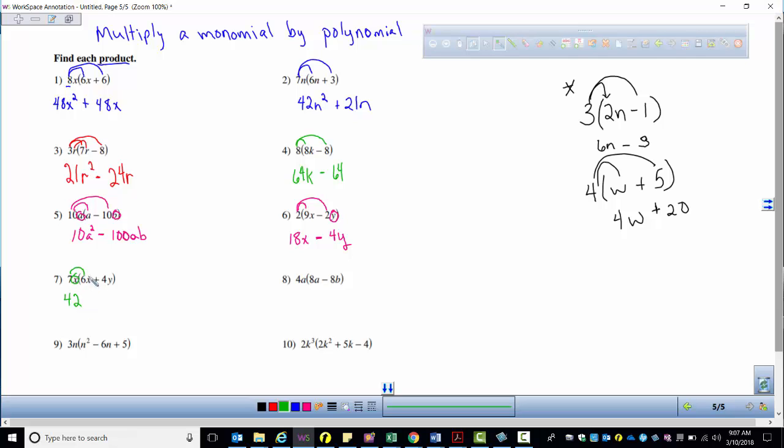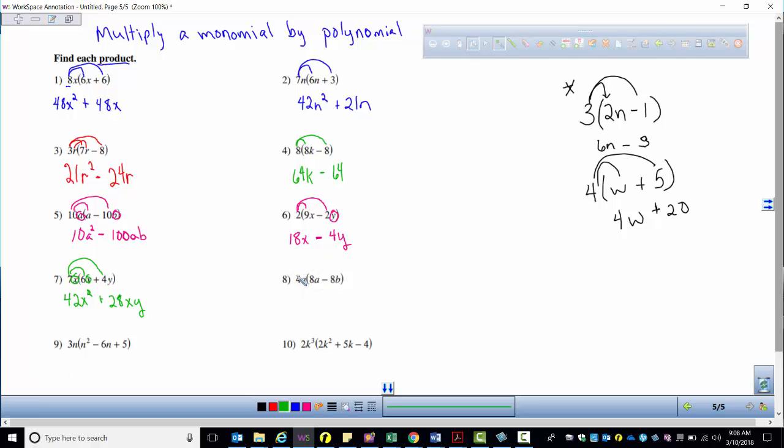Then we have x times x. We have two x's, so that's x to the second power, x squared, plus, now we have 7 times 4, which is 28. And if you look here, we have an x and we have a y, so we have to put them both. Put them in alphabetical order as well.